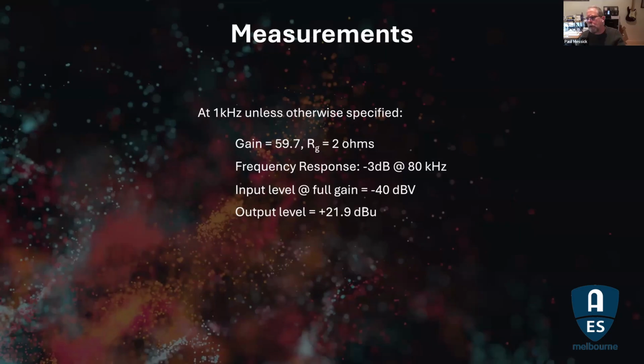So 0 dBV is 1 volt, plus 6 dBV would be 2 volts. Minus 40 dBV is a millivolt, right? Did I do that right in my head? So that's convenient when you're dealing with voltages.